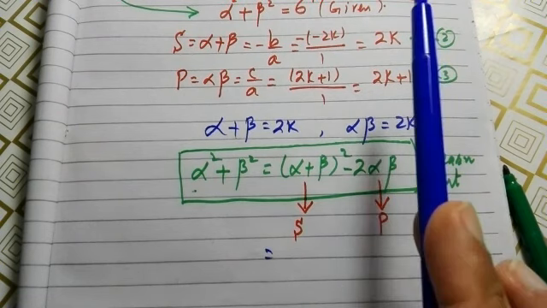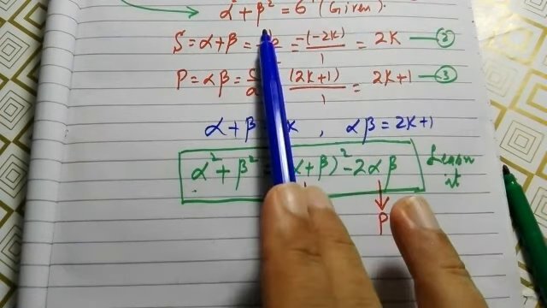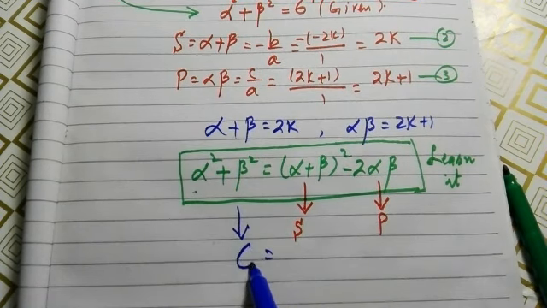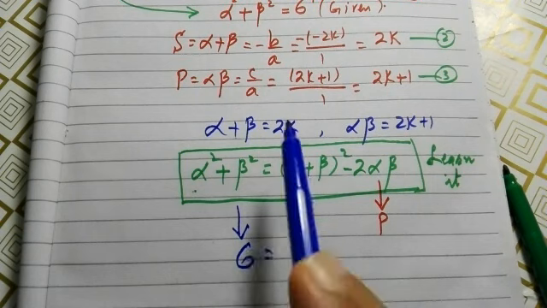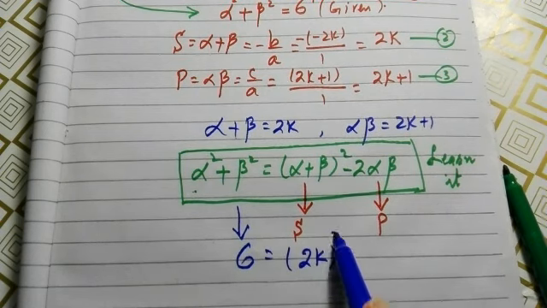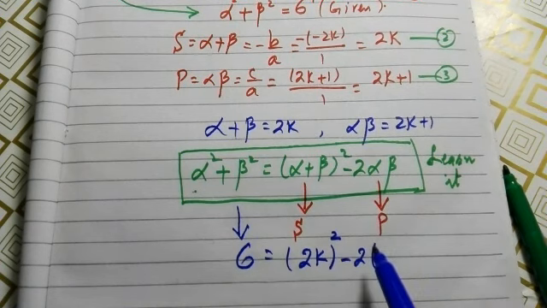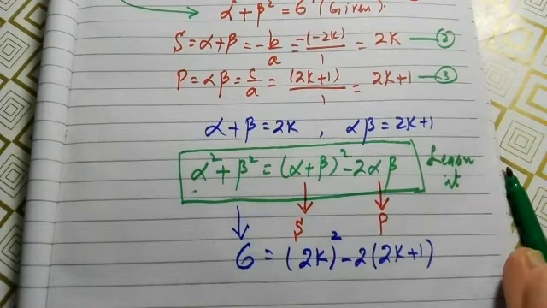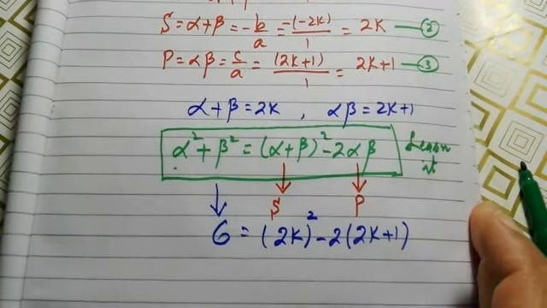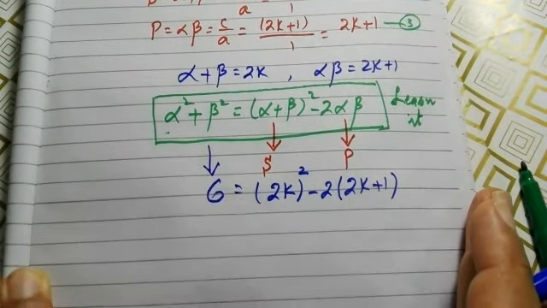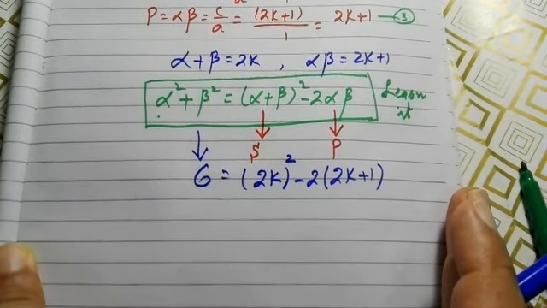You can see that in equation number 1, alpha square plus beta square is written as 6. So I will write in place of this 6, and sum of root alpha plus beta is equals to 2k, but it will contain a whole square, and alpha beta is equals to 2k plus 1, like this one. Now our task is that we wanted to find the values of k. So what we will do that we will simplify this expression and we will write the value of k.